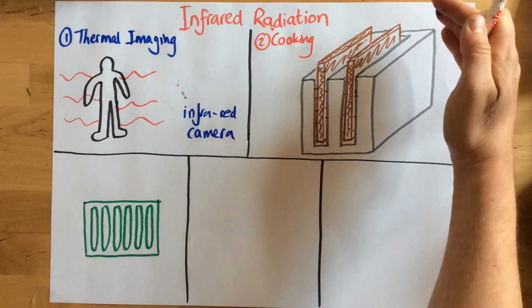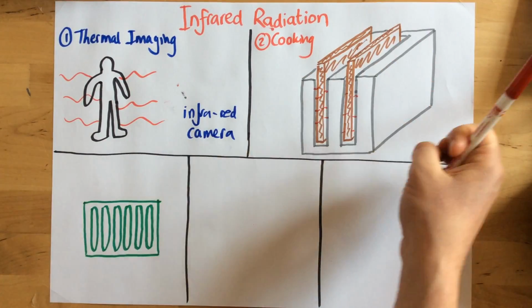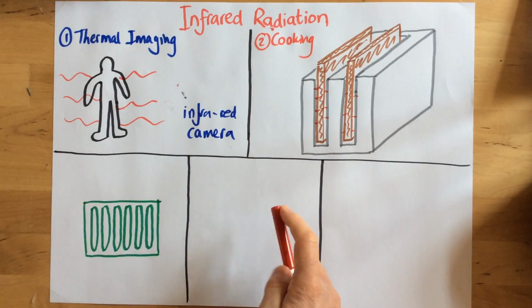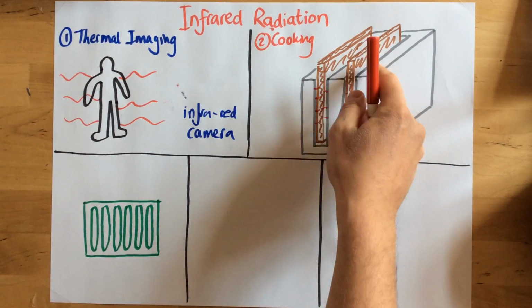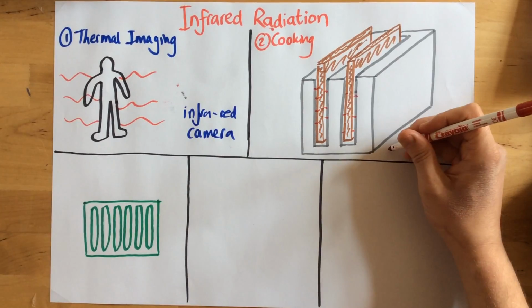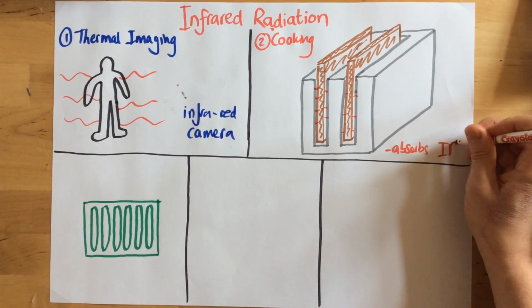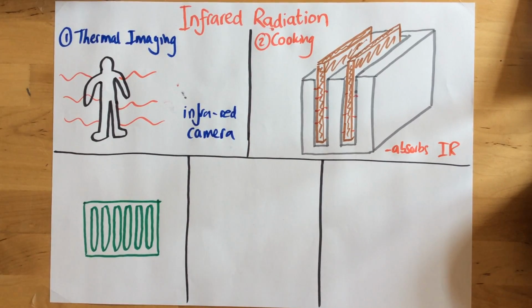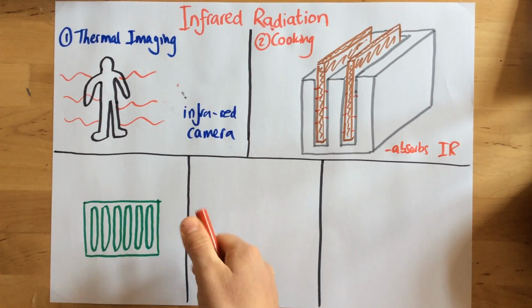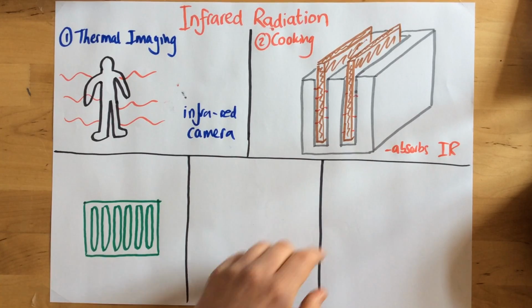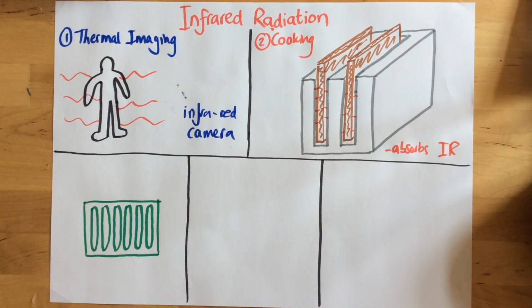So all the way across the heating elements, we're giving out infrared radiation. Now in order for this to work, food absorbs the infrared radiation, and as it does, it causes it to cook. So that is how cooking works with infrared radiation.